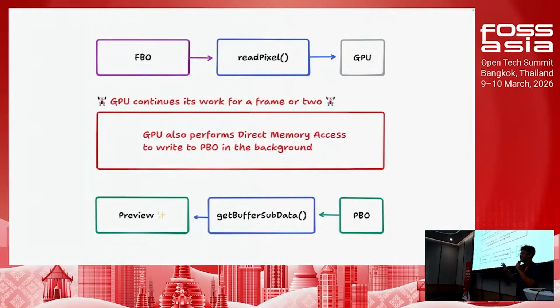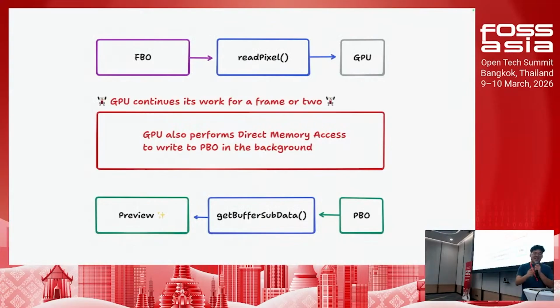So this is what I tried, and it works quite well, which is called a PBO. P means pixel. PBO is pixel buffer object. The idea seems quite complex, but it's really to minimize the stall. So instead of waiting for the CPU, hey, where's my pixel? Where's my pixel? And you're waiting for a long time, right?